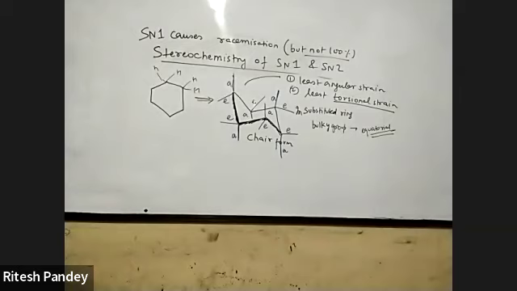I repeat, a little bit about the chair form, which is the most stable conformation of six-membered ring, which is supposed to be the most stable cyclic form of carbon ring.